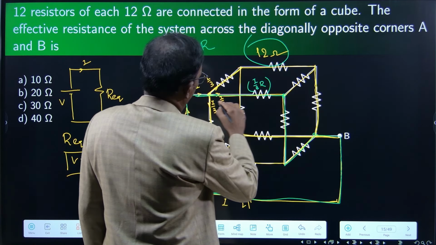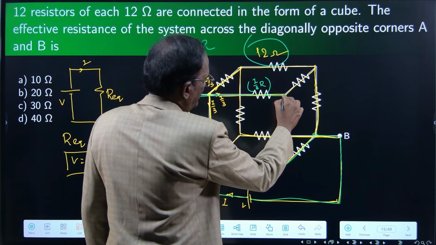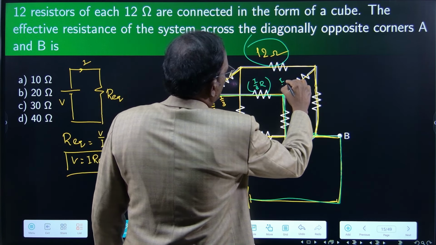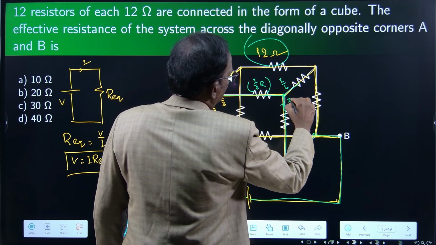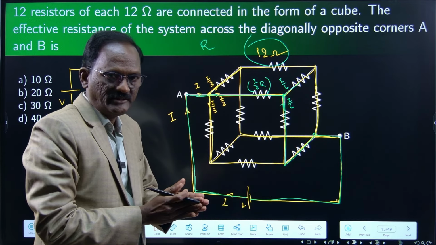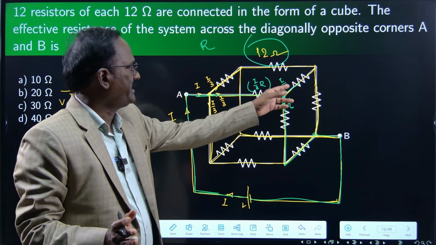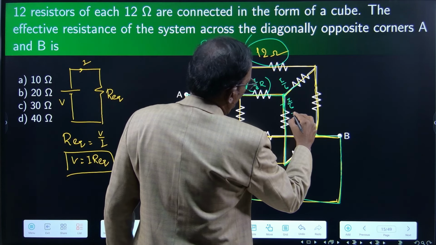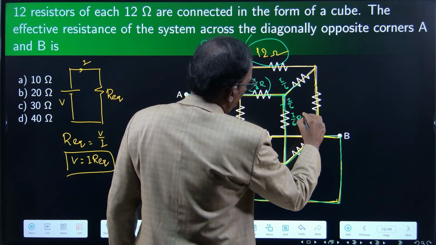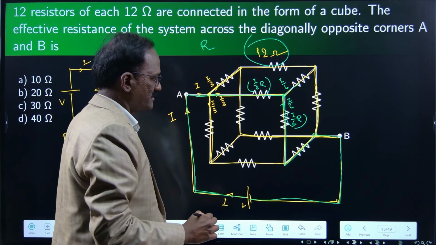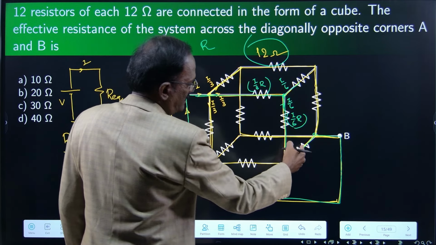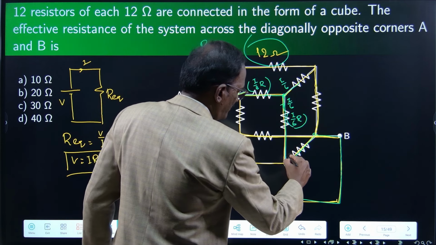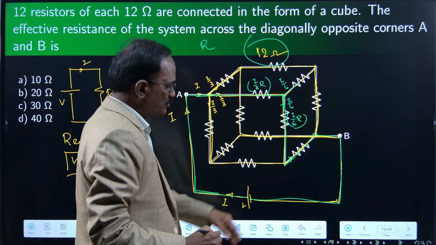This current I by 3 comes here. Then it is equally divided as I by 6 and I by 6, since it finds 2 branches. So the drop here will be I by 6 into R in the second resistor. Similarly, for the drop across this resistor I need the current through it.